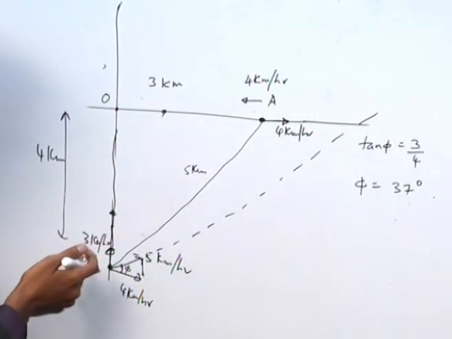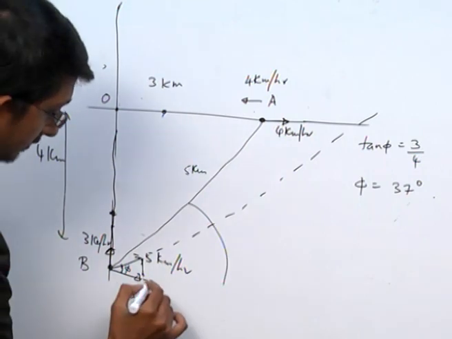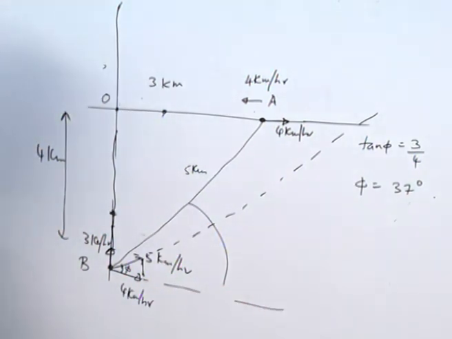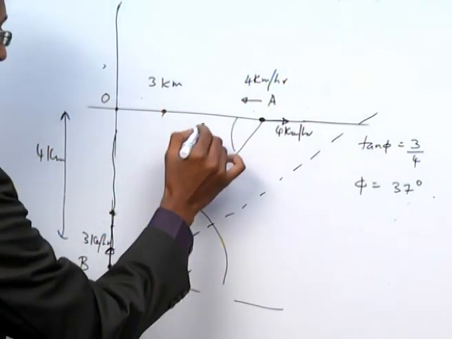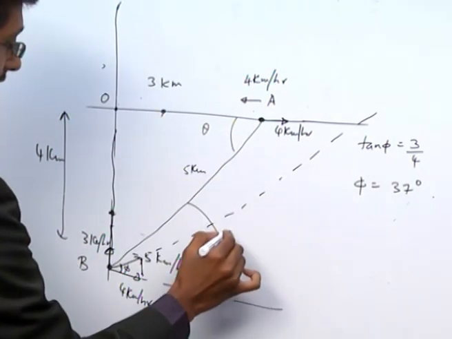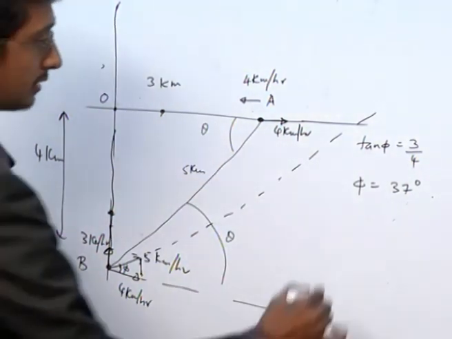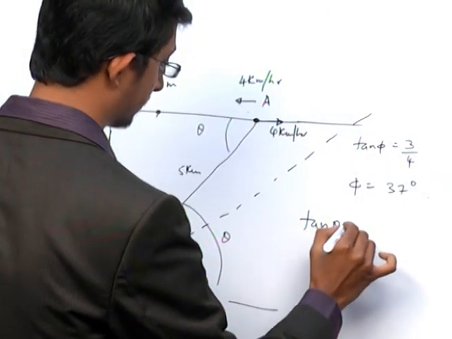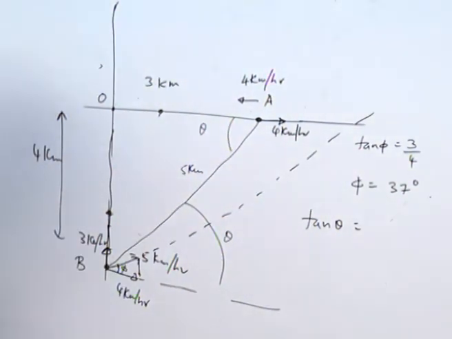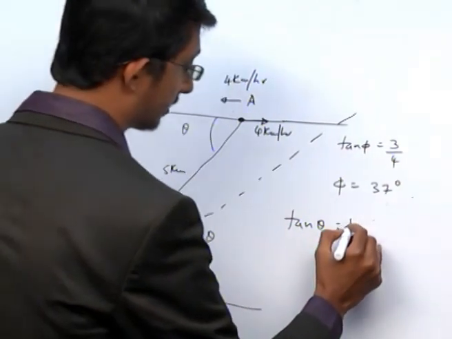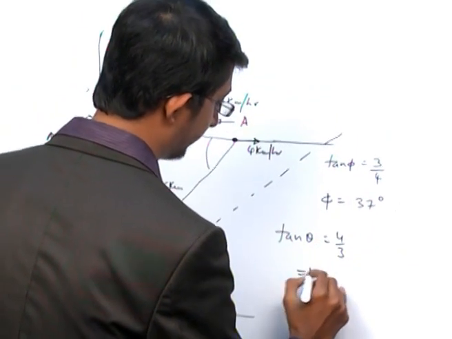The line joining A and B, what angle does this make with the horizontal? Let us calculate that. This angle is nothing but that angle. So I call it theta. And we have tan theta from the same diagram as 4 by 3, which is nothing but 53 degrees.